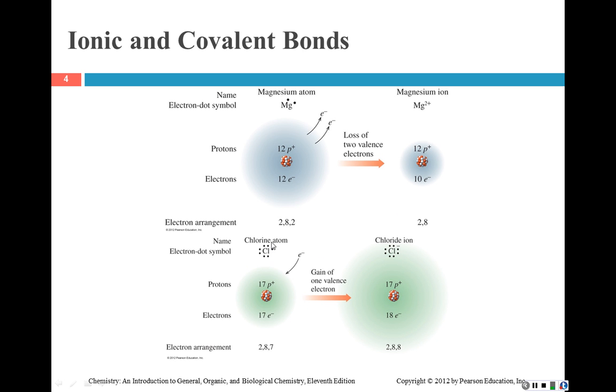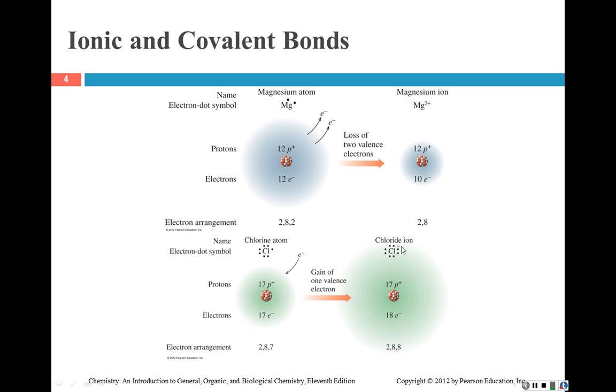Chlorine, however, has 7 valence electrons. It's in group 7A. It has 17 protons total, 17 electrons total. And so its configuration is 2, 8, and 7. And so for it to have an octet, it really only needs 1. And so what will happen is the chlorine atom will gain 1 electron.